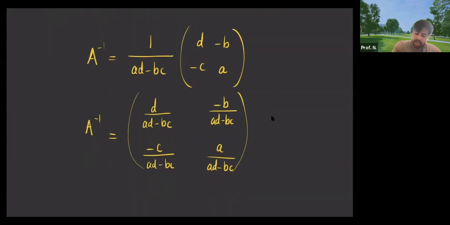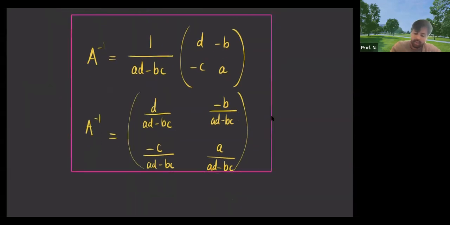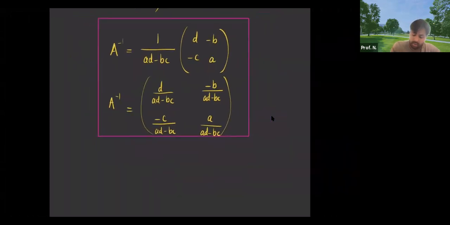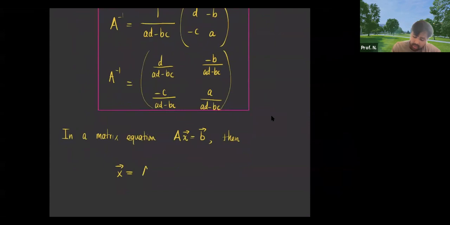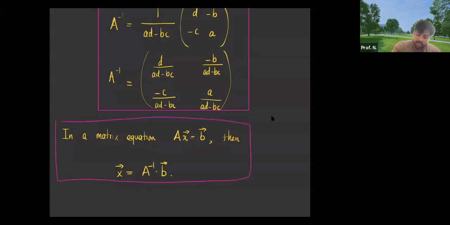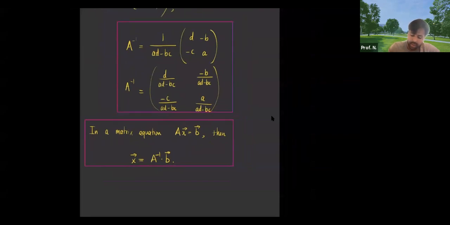We discussed this last time, and then we utilized the fact that once we're able to find the inverse, if an inverse does exist, then in a matrix equation where A is a matrix and X is a column vector equal to another column vector B, the solution for X is equal to the inverse of A left multiplied by the column vector B. Once we have the inverse, solving the system becomes very simple.